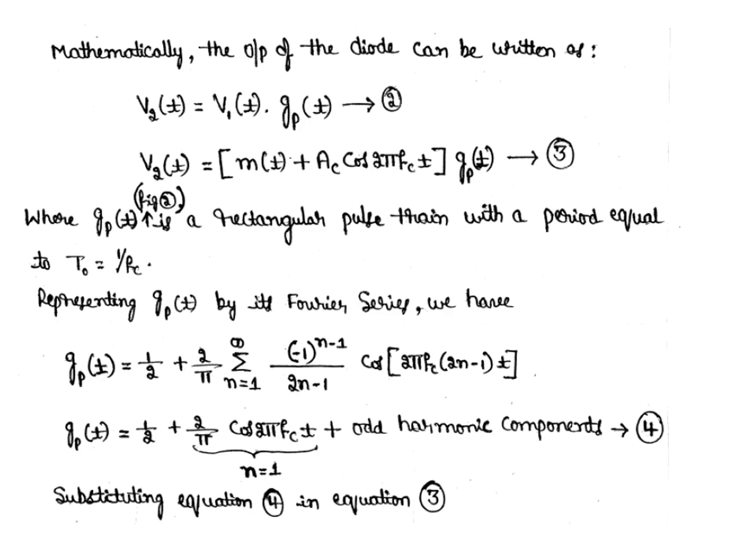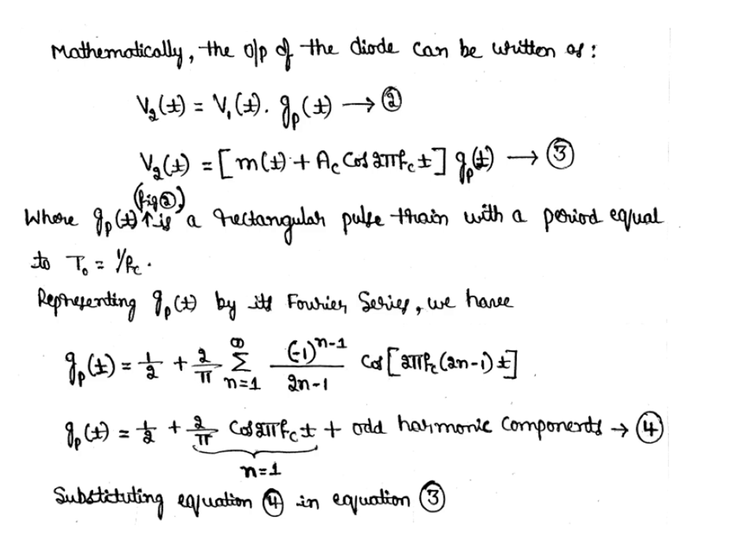Mathematically, we can write the output of the diode V2(t), which is connected to the input of the bandpass filter, as V1(t) times gp(t). gp(t) tells us how the diode is conducting. It depends on the rectangular pulse train function.